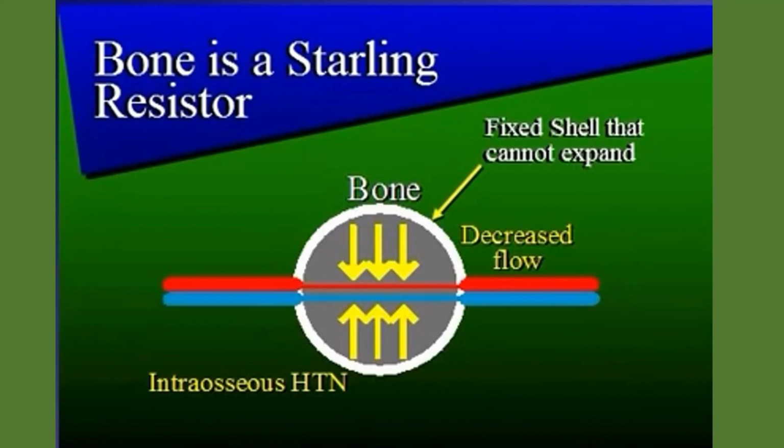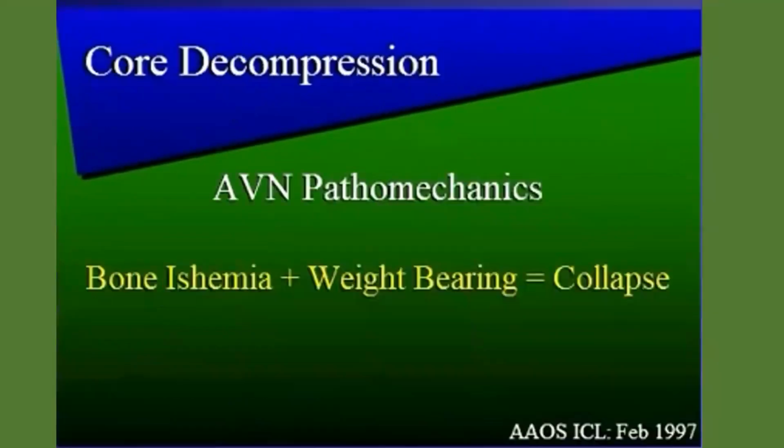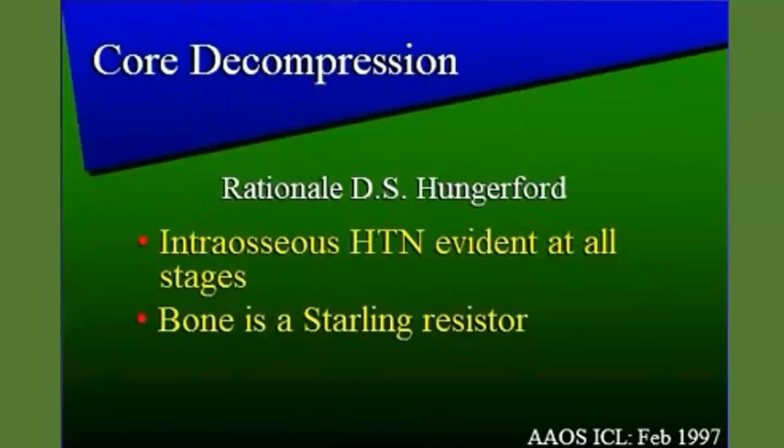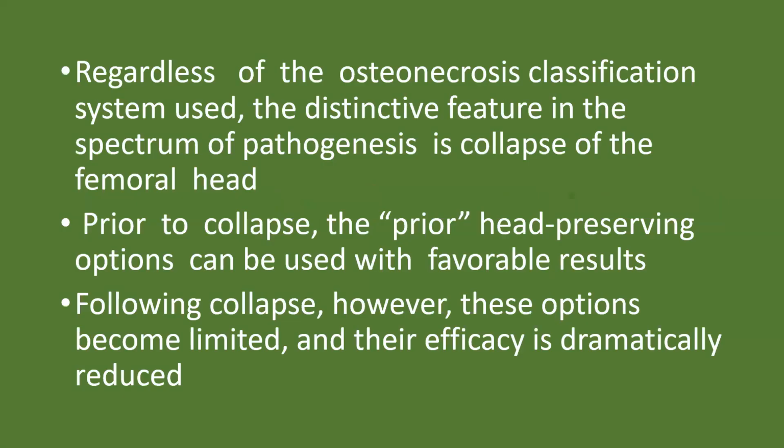So bone keeps the pressure on it. So you have to treat it in a special way. And that's where core decompression comes in. So with avascular necrosis, the bone gets disturbed and collapses. Okay, so don't forget about this.